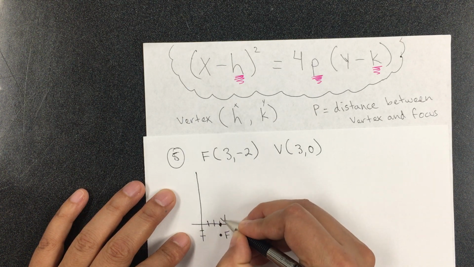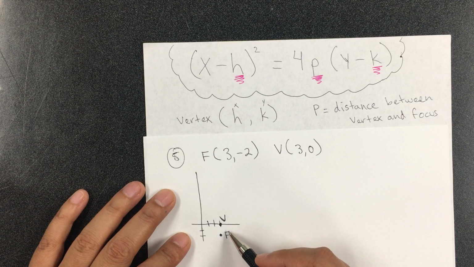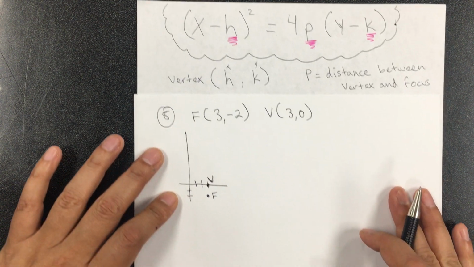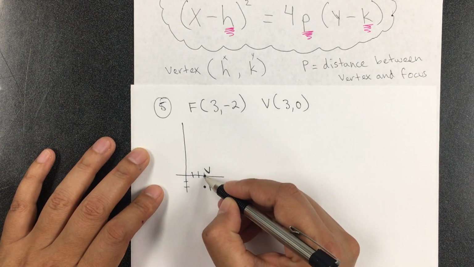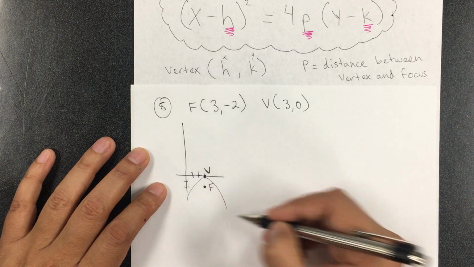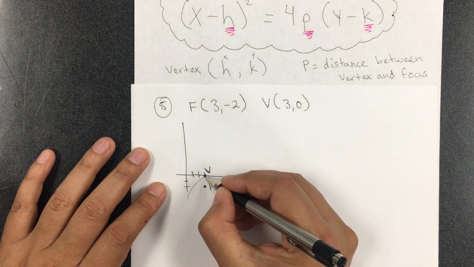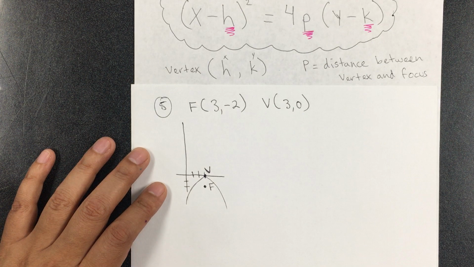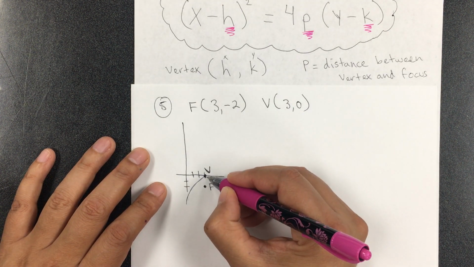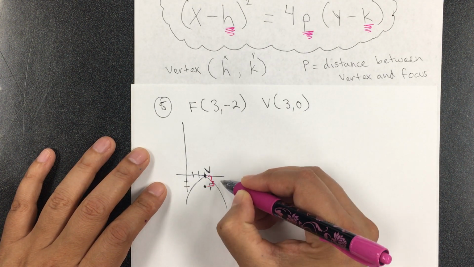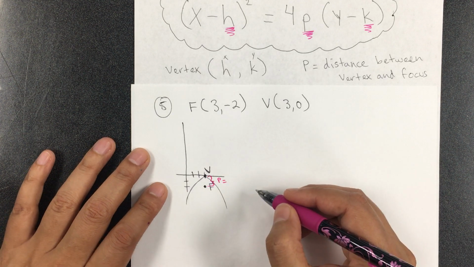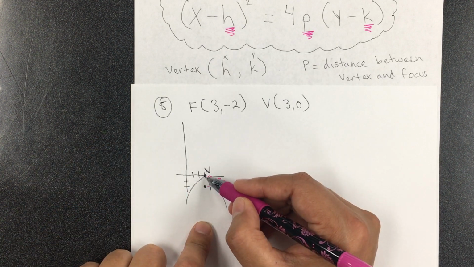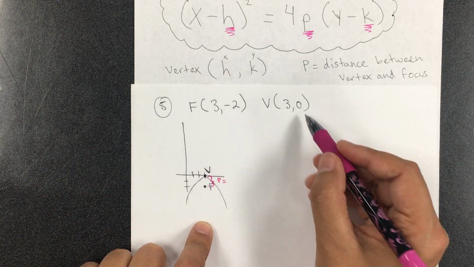The focus is always inside of the parabola. So what does that mean? That means the parabola is going to be opening down, and so my p is going to be negative. How many spaces are between these two points?